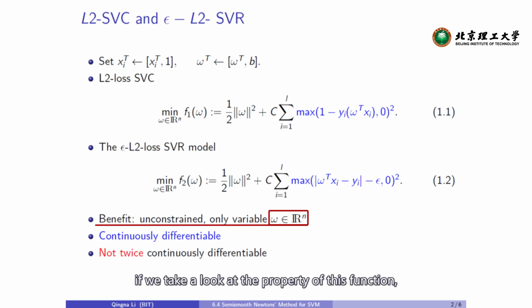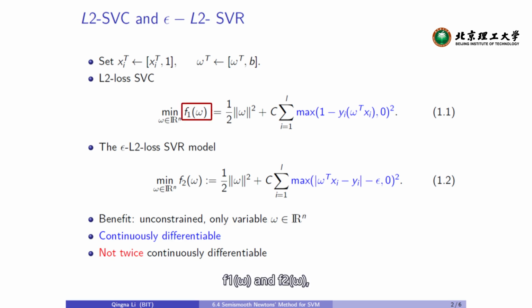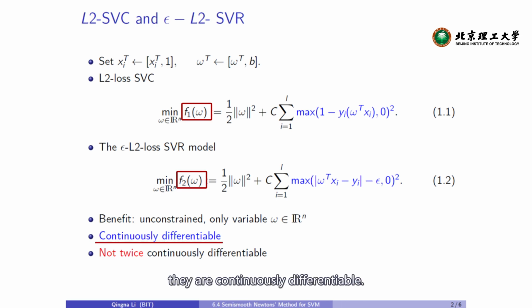Moreover, if we take a look at the property of the functions f1 and f2 of omega, both of the two functions are continuously differentiable. In other words, we can take the gradient of the two problems.